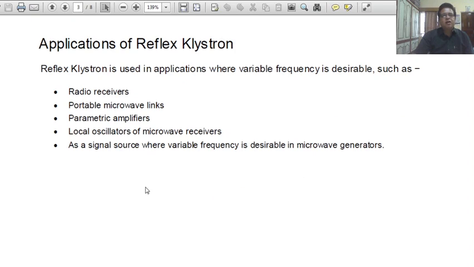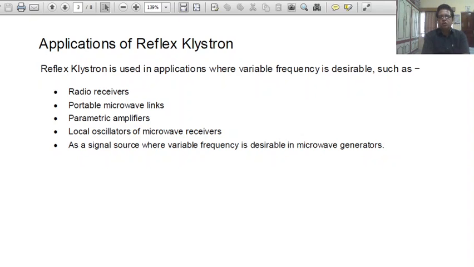Applications of reflex klystron. Some applications of reflex klystron are shown here. Reflex klystrons are used where variable frequency is desirable. It can be used in radio receivers, portable microwave links, parametric amplifiers, and local oscillators of microwave receivers.